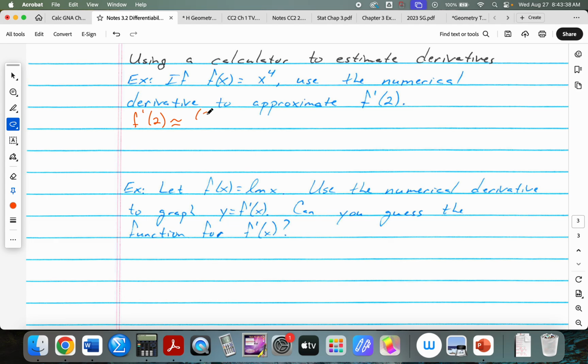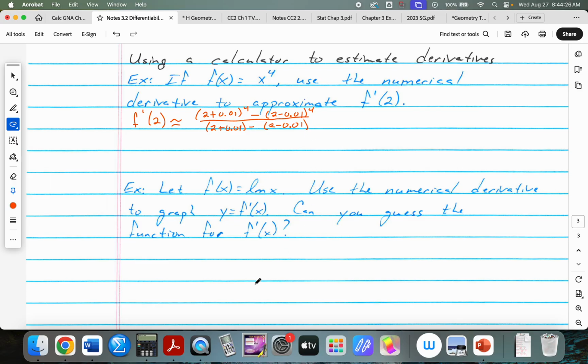So we're going to do 2 plus 1/100th to the 4th, minus 2 minus 1/100th to the 4th, all over, what we're really doing, we don't normally take the time to write this, but this would be 2 plus 0.01 minus 2 minus 0.01.